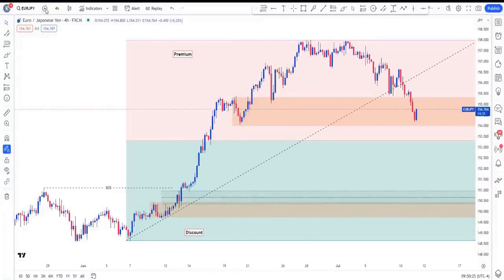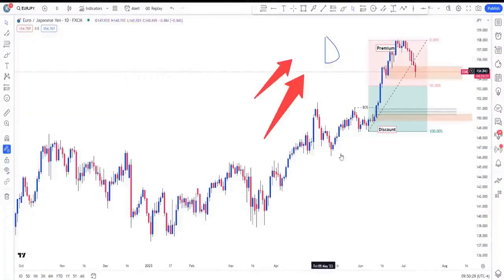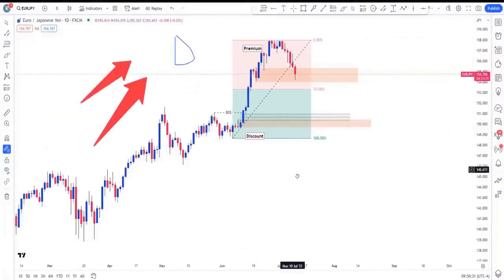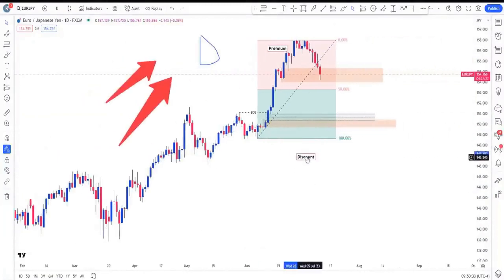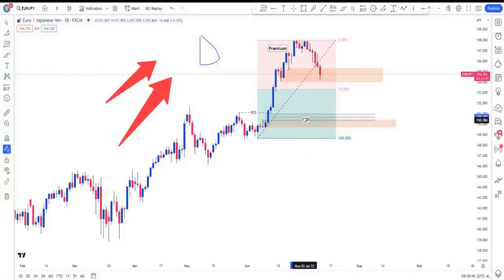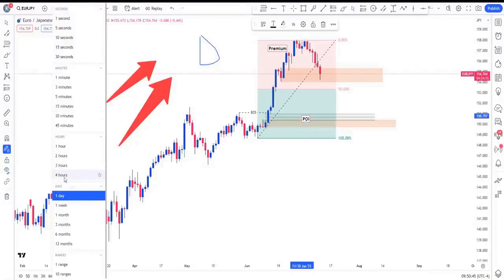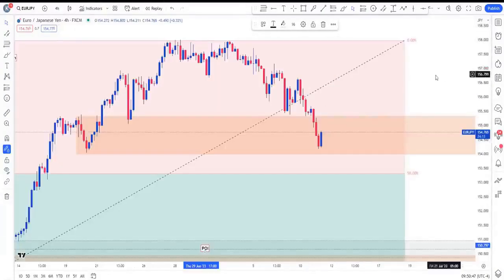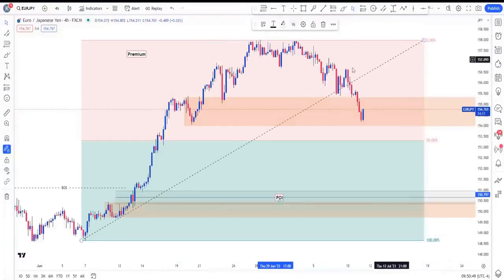These places, let me go back and even put a label there, okay, so you can have in detail everything I'm explaining. So our point of interest, let's say POI, is where price is going to, even though we don't know. And the 4-hour time frame is also giving us an idea that market is crashing to that level.